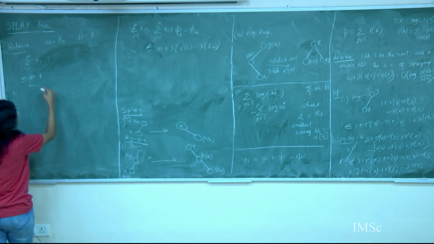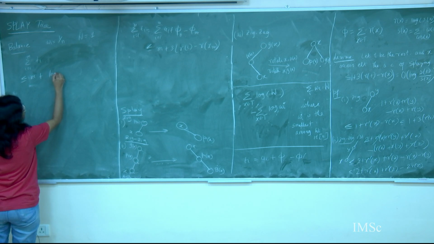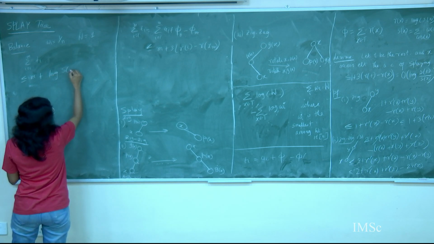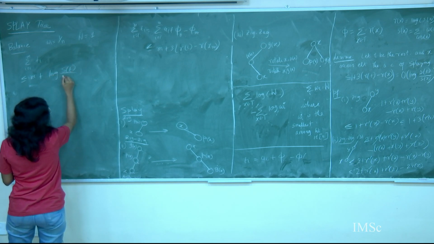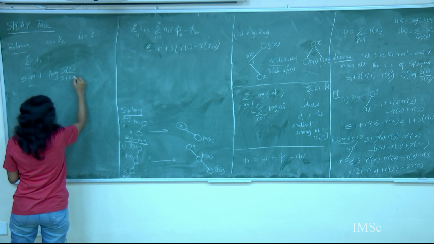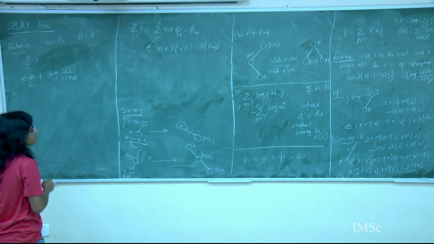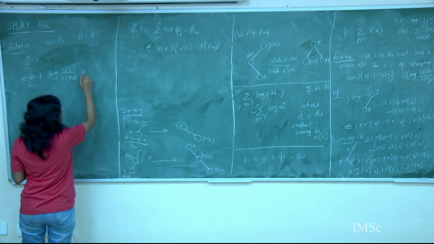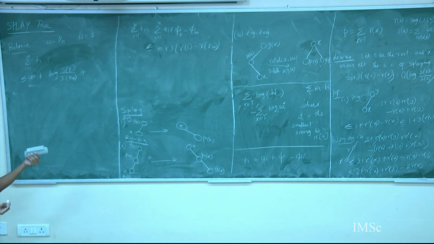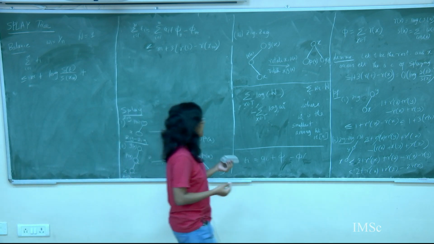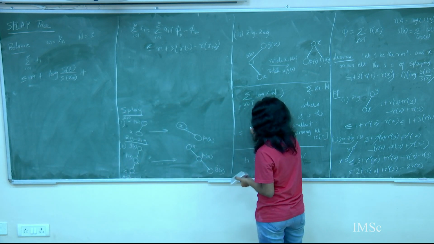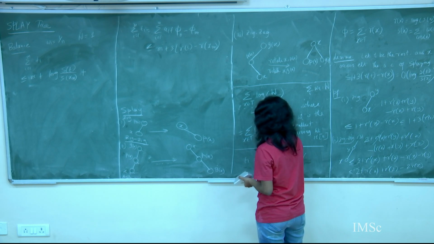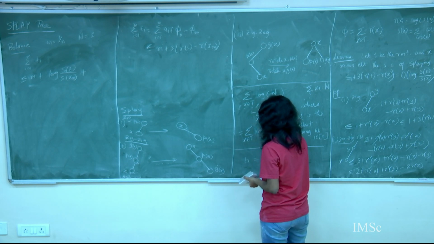So this is the amortized cost. What is that? That is log of S of t by, plus the potential difference. What is the potential difference? If I write it, this is the sum over x belonging to t of log of capital W by W star i.